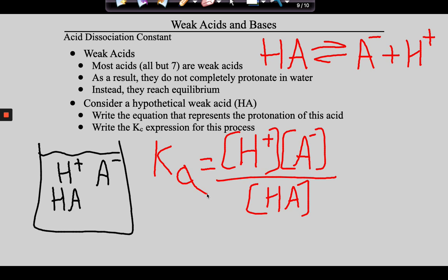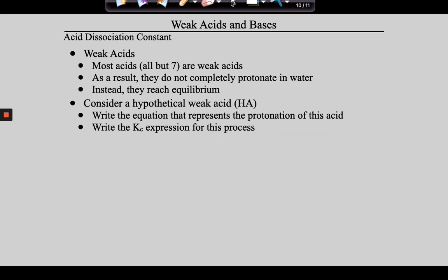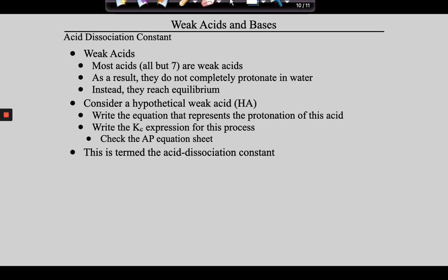You guys all got it? Okay. So guys, this is going to become a hugely important value for you as time goes on. This is what is called an acid dissociation constant. And guys, what you're going to find is this screams information to you.